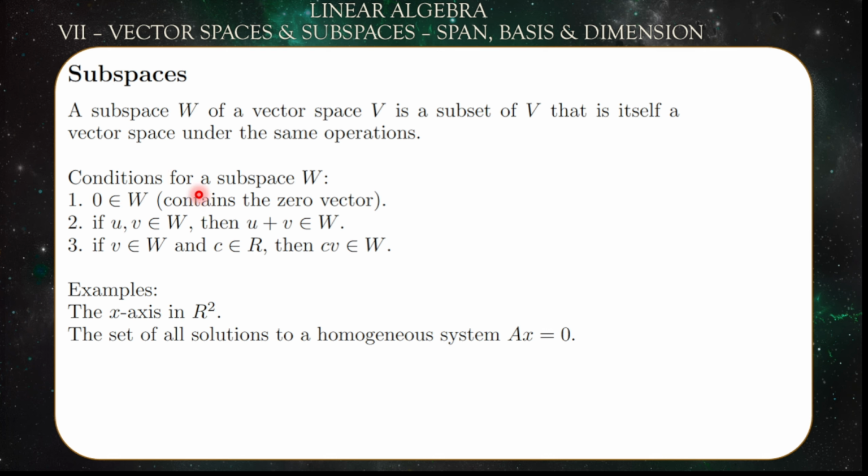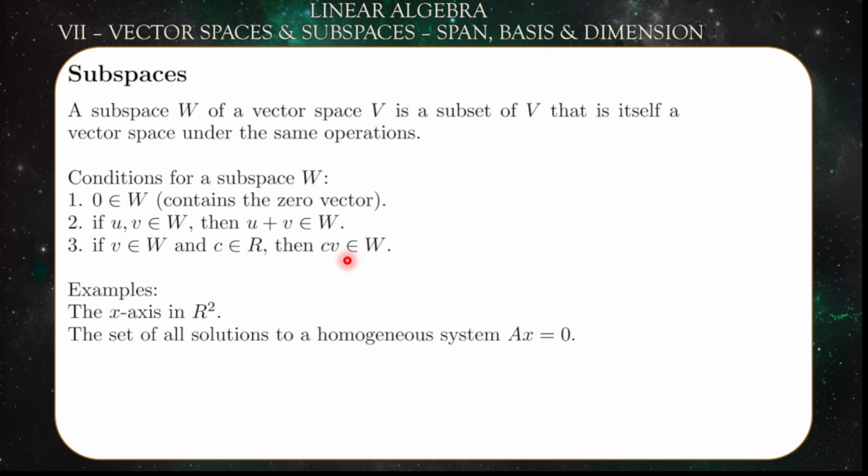So again, the conditions for a subspace W, we've seen it already. There might be a repetition here. The conditions for a subspace W to exist are that the 0 vector should be contained within W. If u and v exist in W, then u plus v also exists in the subspace W. If v exists in W and c exists in R, then c times v exists in W. Okay, c being the scalar among the real numbers.